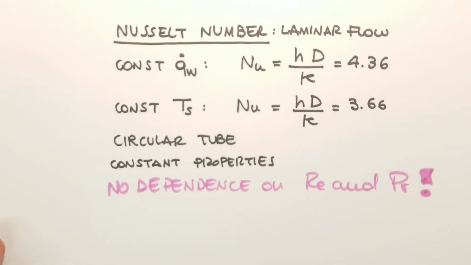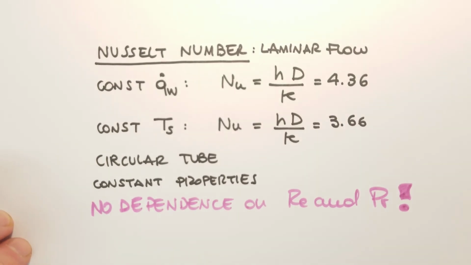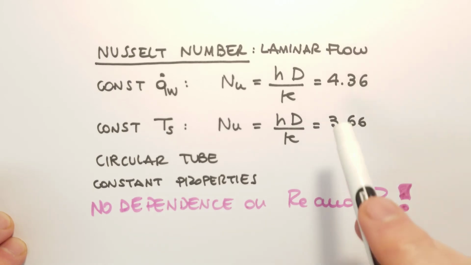Of course, one of the objectives of heat transfer in internal flow, just like in external flows, is to find the Nusselt number. For the laminar flow, it's quite interesting. If you look in the books, there's all the mathematical derivation, and we find that the Nusselt number is constant in simple cases. For example, for constant heat flux, the Nusselt number defined as Hd divided by k is equal to 4.36.